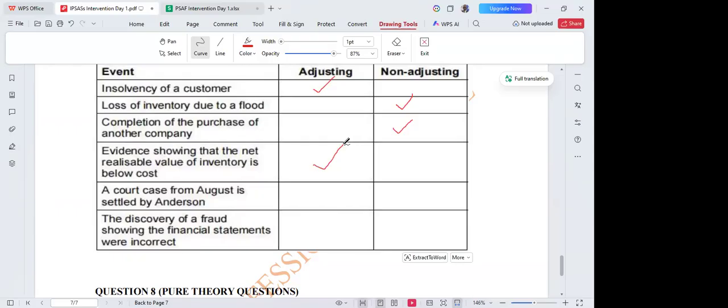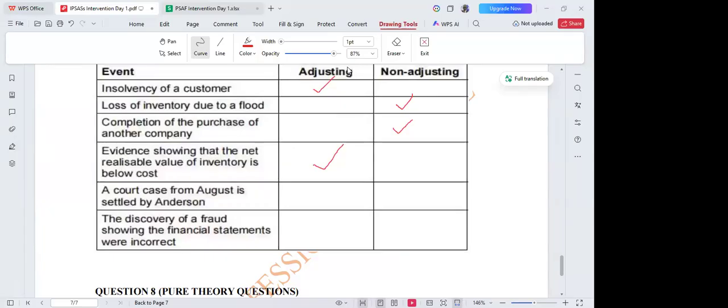A court case from August is settled after the year end. So, court case, is it adjusting or non-adjusting? Yeah, Christian, go ahead.